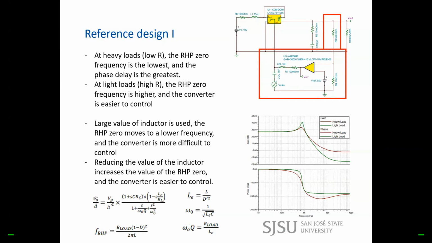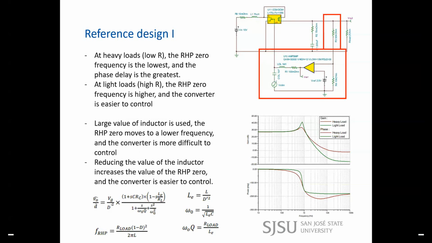At the bottom you can see the transfer function and the right-half-plane zero frequency function. Based on the function, we can tell that at heavy loads, the right-half-plane zero frequency is the lowest, which means the phase delay is the greatest.